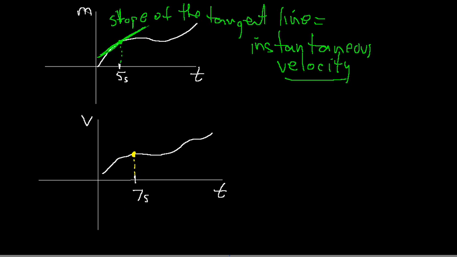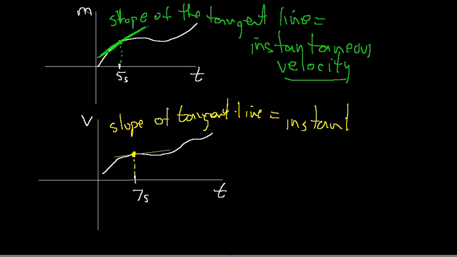Well, again, I'm going to draw a tangent to it. There's my tangent line to this curve, and so the slope of the tangent line is going to be the instantaneous acceleration. I hope I'm spelling that correctly.